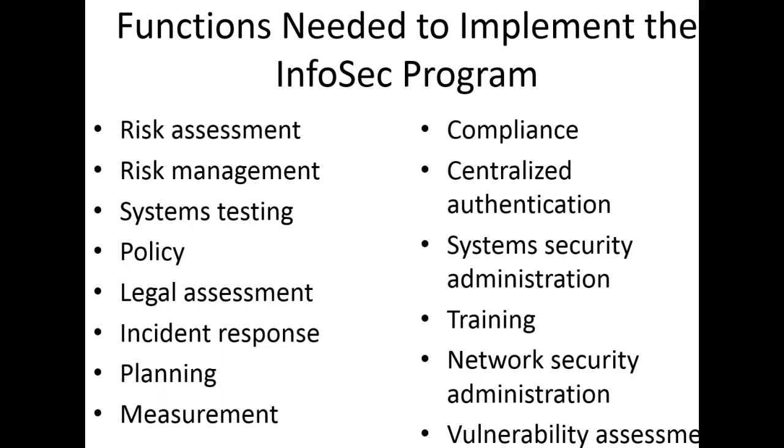Some of the functions that are necessary to be implemented in the information security program are as follows: risk management, risk assessment, system testing, policy, legal assessment, incident response, planning, measurements, compliance, centralized authentication, system security administration, training, network security, and vulnerability assessment. We can discuss these in a little more detail to see what they are.